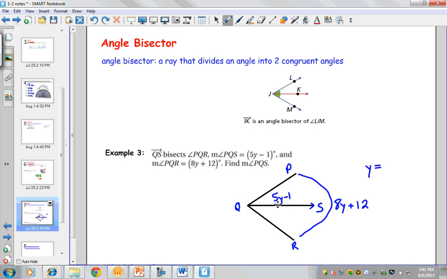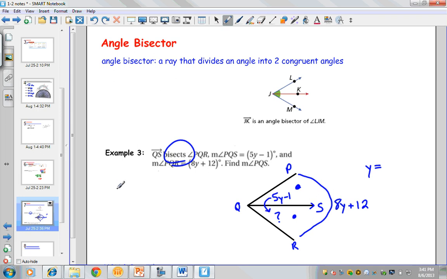Now, here's a question. I know that this angle here, I just put a dot here, and this angle here, when I add them together, will give me the entire thing. Well, I don't know what this is. What is this angle? Well, based upon the fact that it says bisects in the directions, I know that 5y minus 1 will work for this angle as well as this angle here.